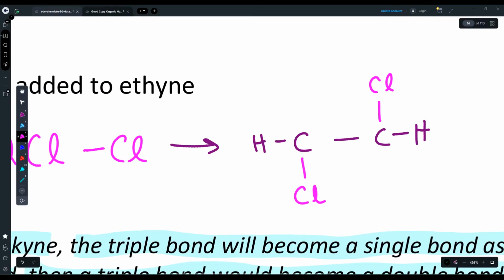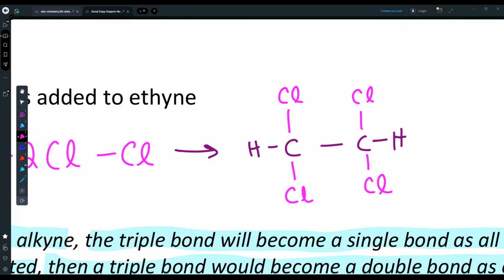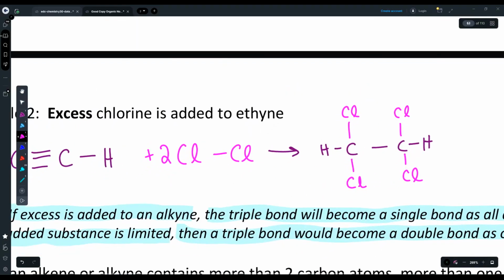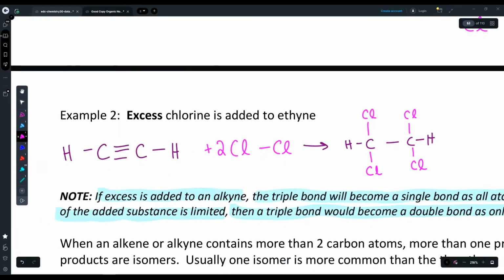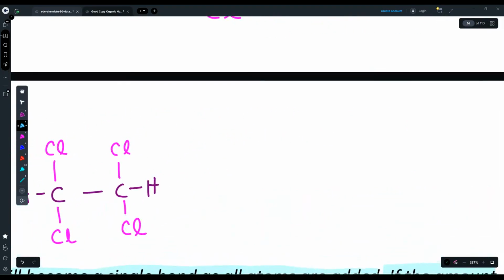That's going to use up this bond, and we're adding the chlorine there. Now that our triple bond has become a single bond, we are done. So that's the key note here, and I'm going to take some time to write this out.